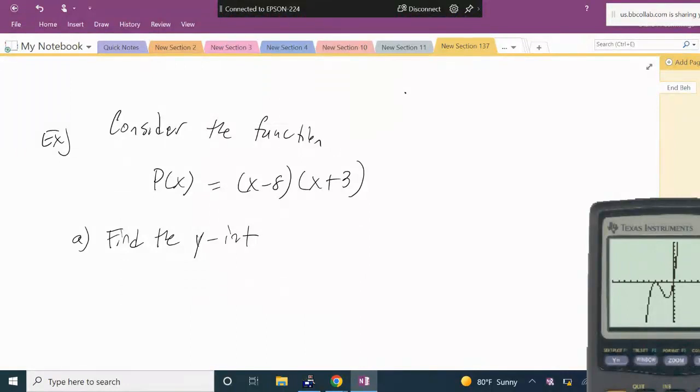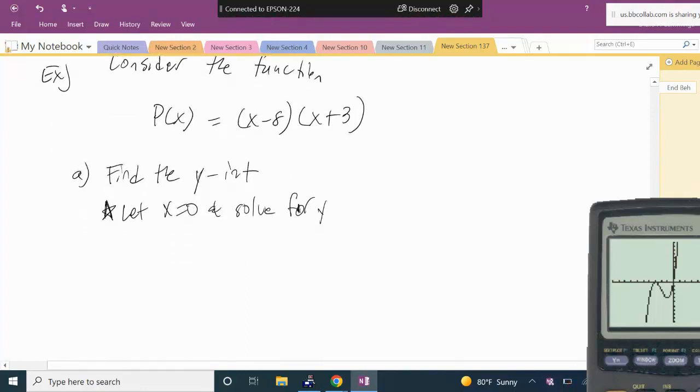All right, so from what we've seen earlier, in order to find the Y-intercept, we're just going to let X equal 0 and solve for Y. So let me just write that here. Let X equal 0 and solve for Y. So we have Y is equal to X minus 8 times X plus 3. And we're going to let X equal to 0.